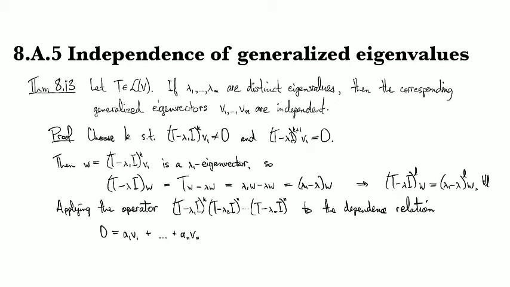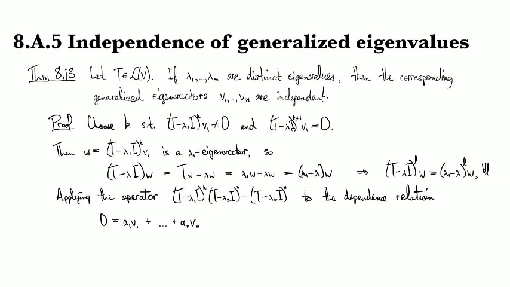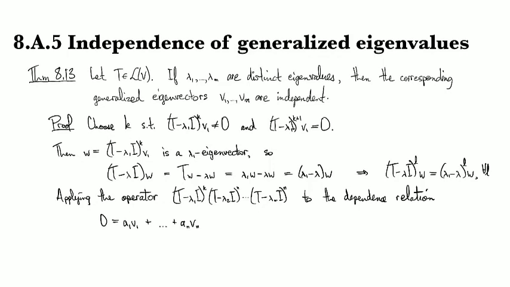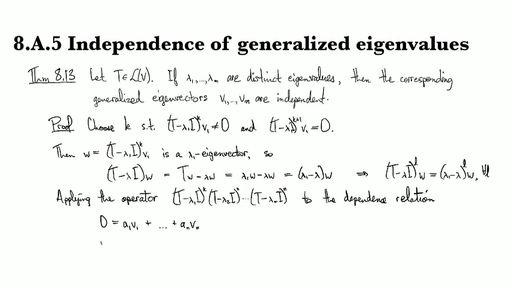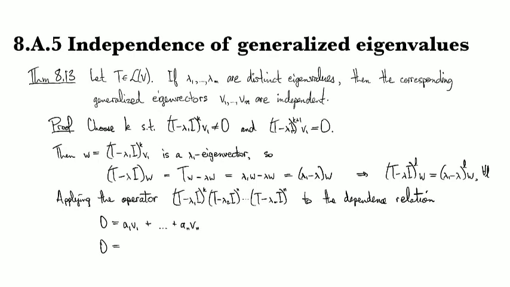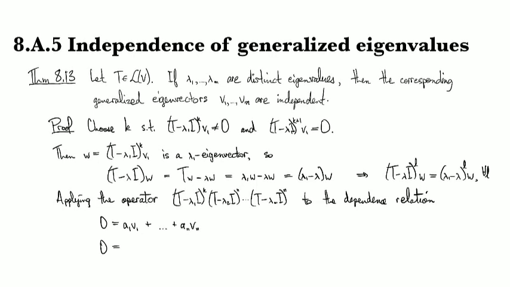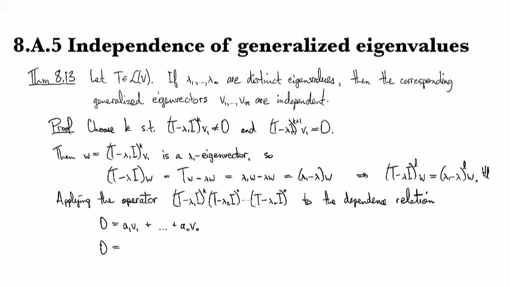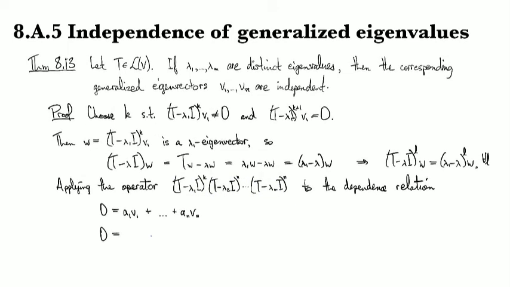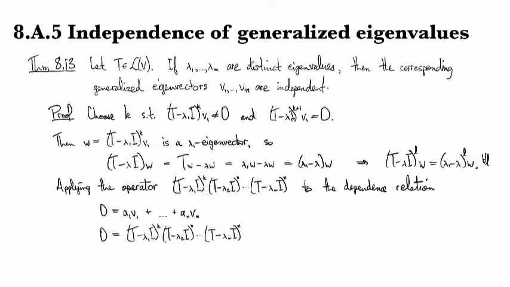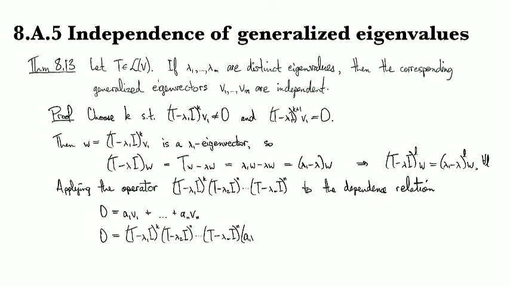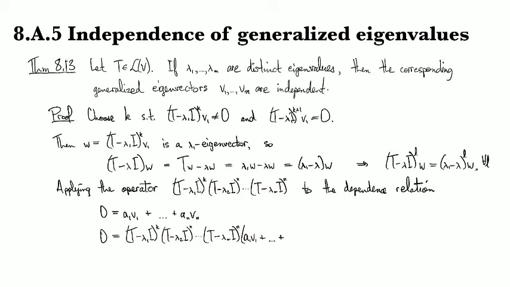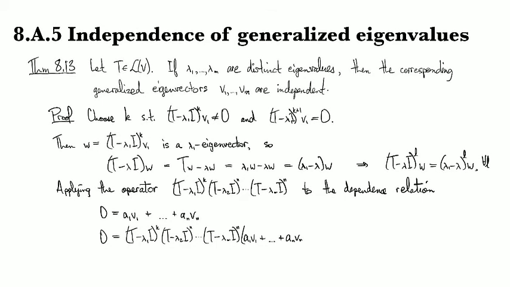So we're trying to show that these things are linearly independent. So we assume that we have this type of equation, and then we're going to take this whole big hairy mess and apply it to a1 v1 through am vm.